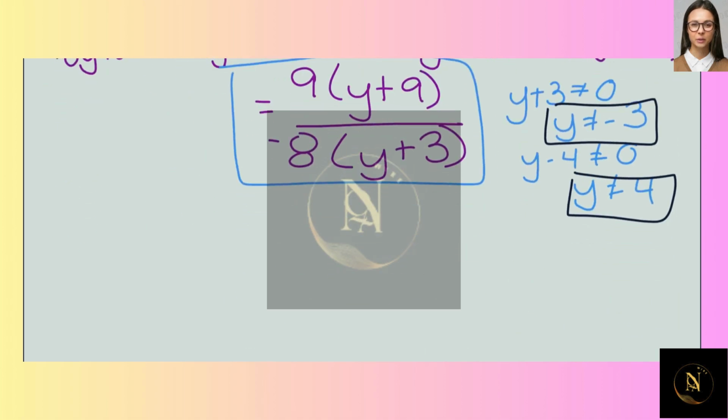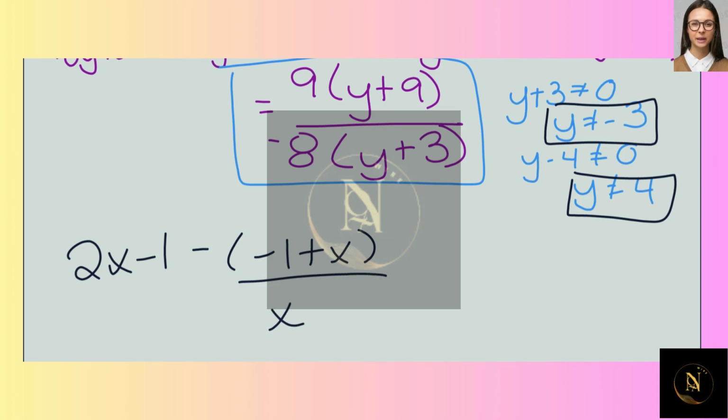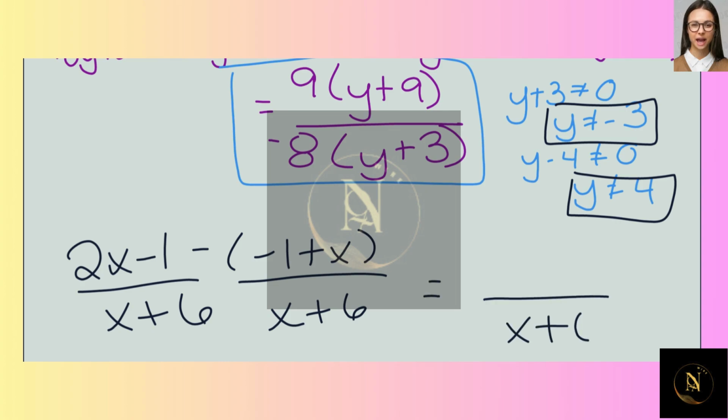Lastly, for the subtraction problem, we're doing (2x minus 1) minus (negative 1 plus x), and they're both over x plus 6. Since they have the same denominator, we're just going to keep that denominator.